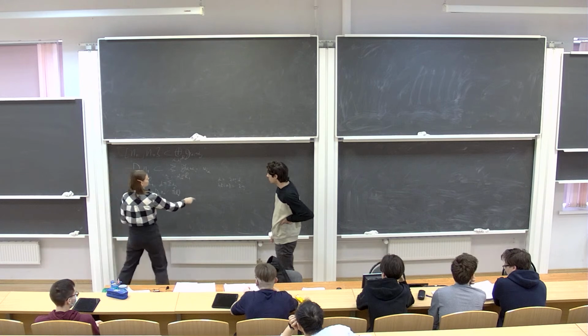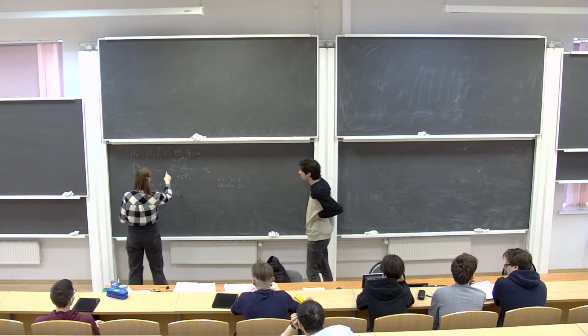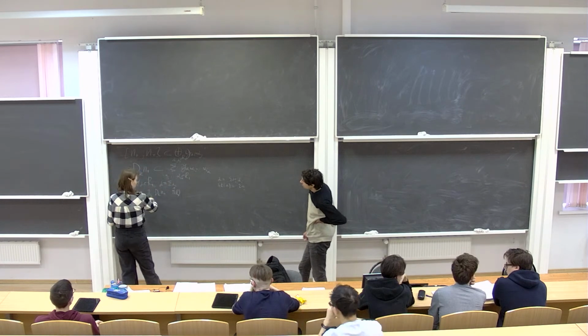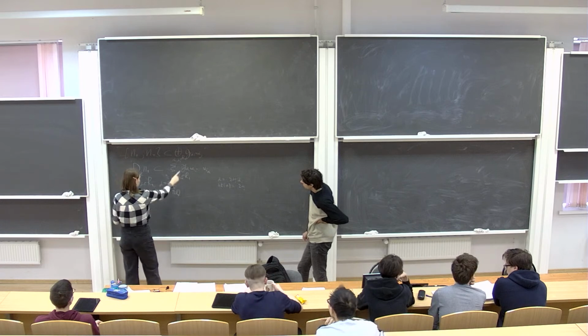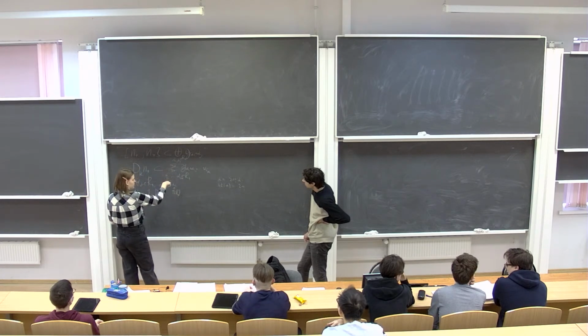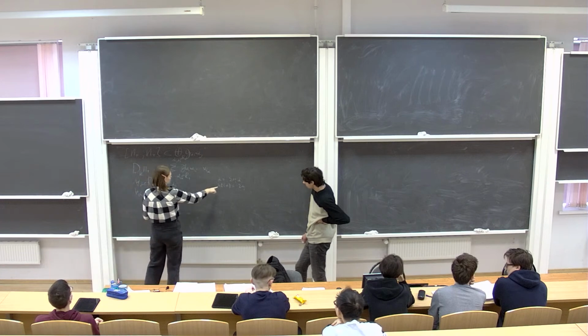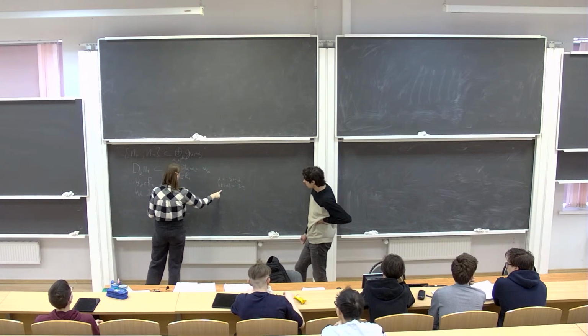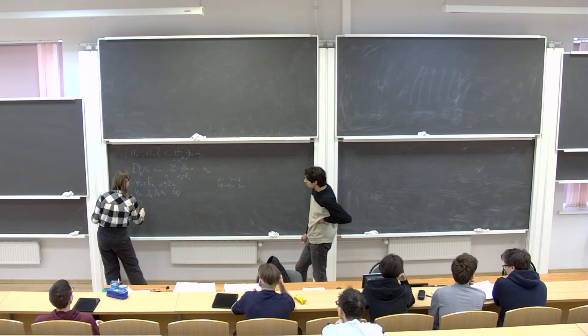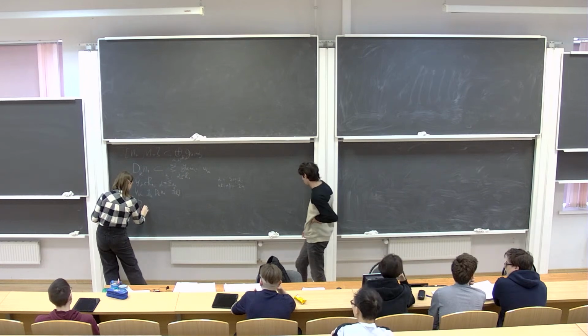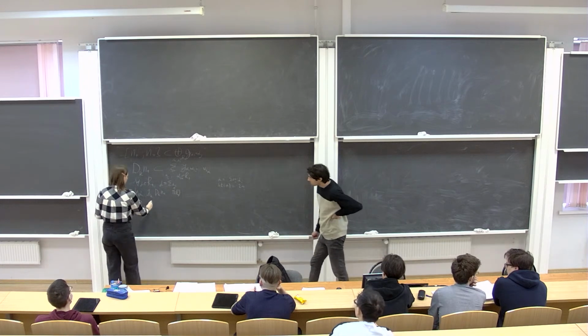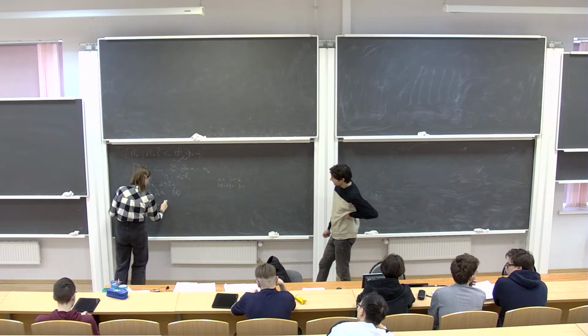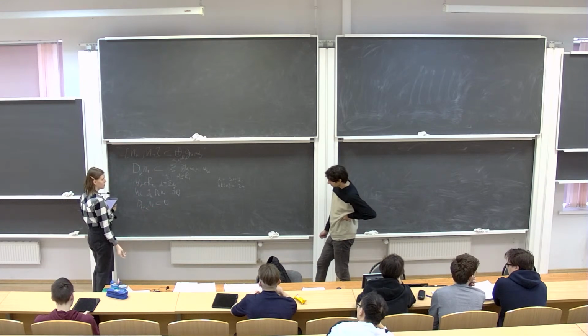We choose alpha with maximum height. Now we take this, and this thing is 0.